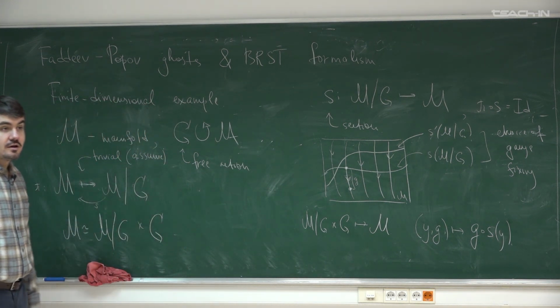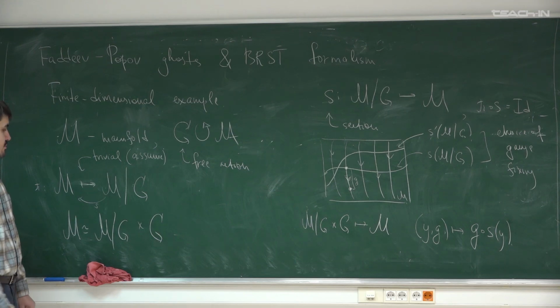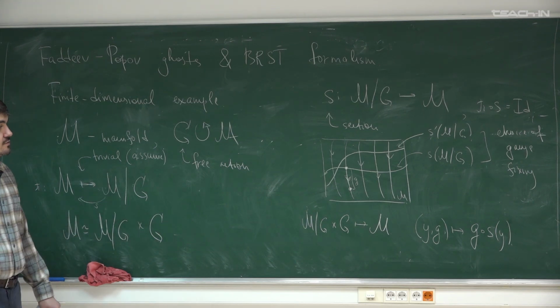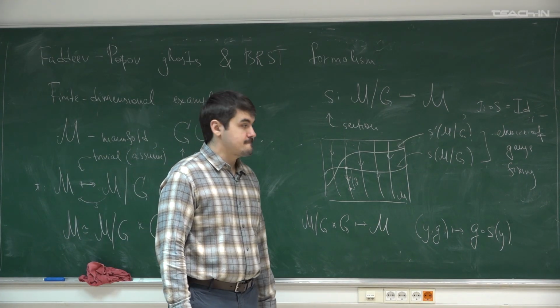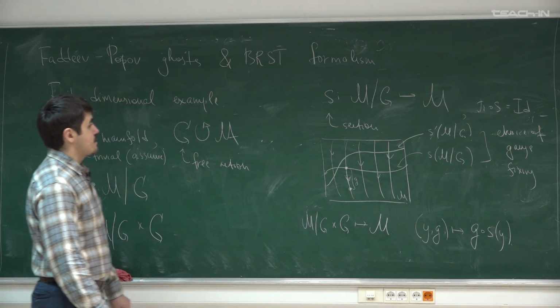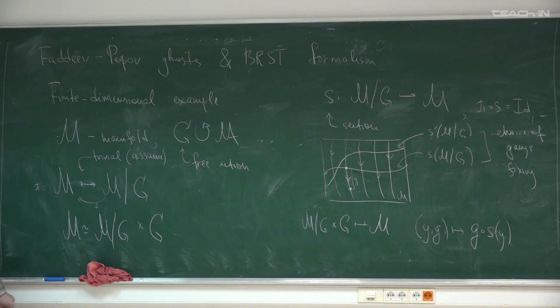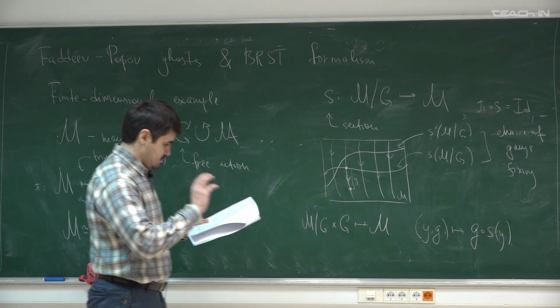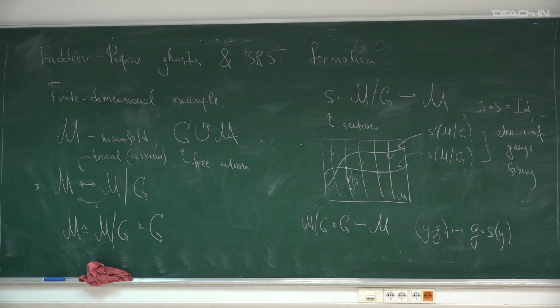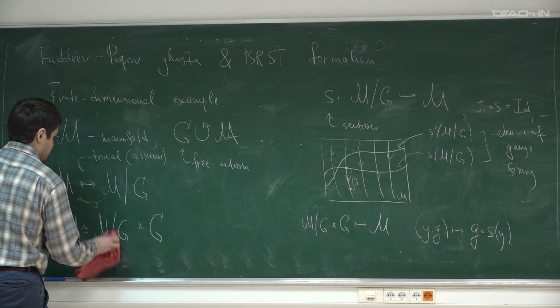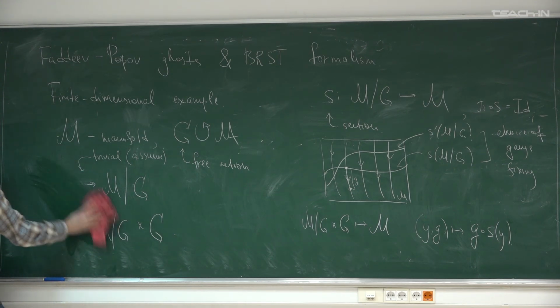But here we assume it, so everything is topologically trivial. But it's okay, don't bother with it too much. We will see what it means in practice. We don't need too much abstract notion.